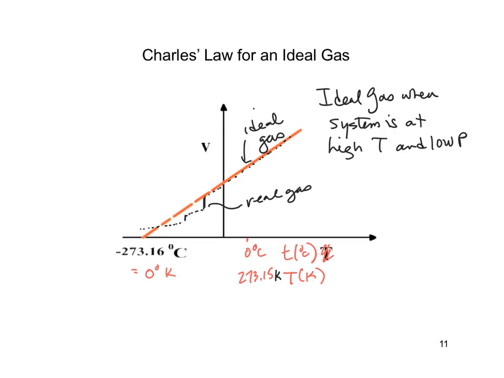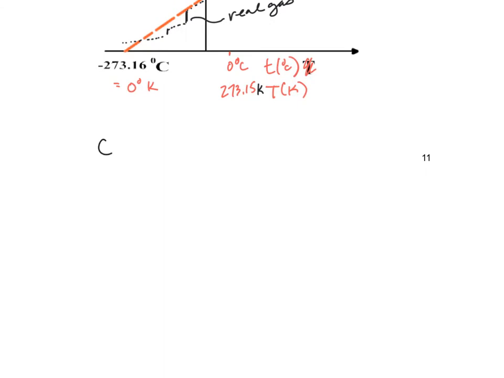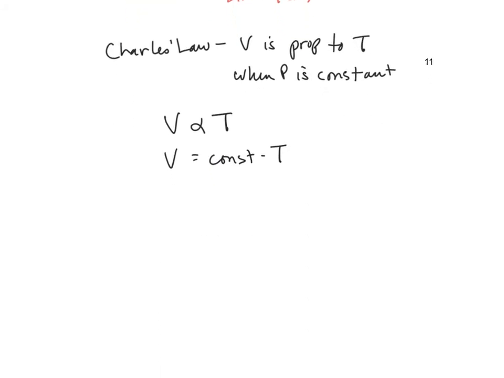All right, so then what next? We're going to say that Charles' law, I guess I'll just have to write them out. So for Charles' law, volume is proportional to temperature when the pressure is constant. So if volume is proportional to temperature, we can say volume is equal to a constant times temperature.